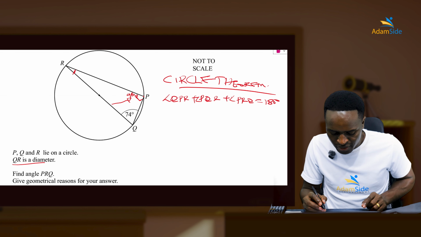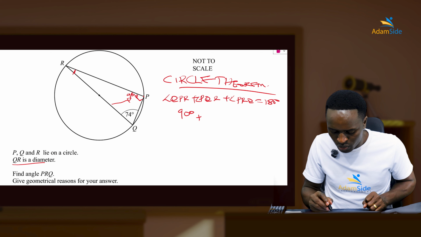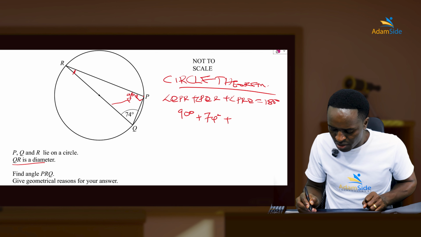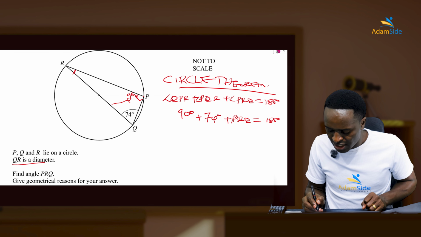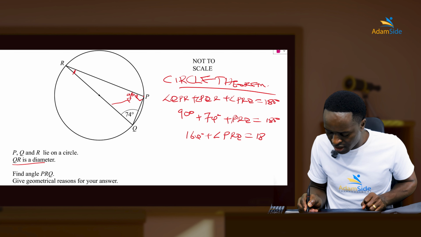Angle QPR is 90 degrees, angle PQR is 74 degrees, plus angle PRQ, which they are looking for, is equal to 180 degrees. 90 plus 74 is 164 degrees, plus angle PRQ should be equal to 180 degrees.